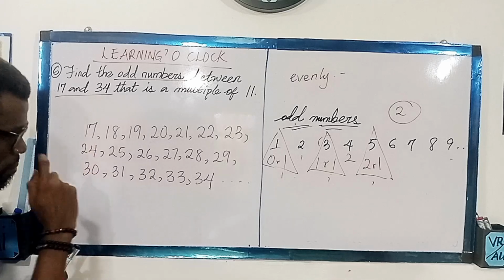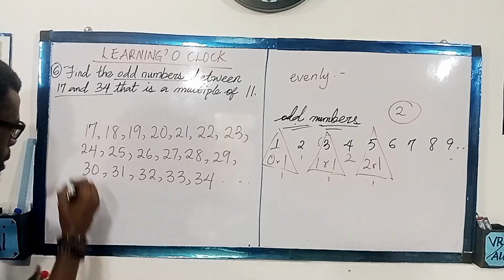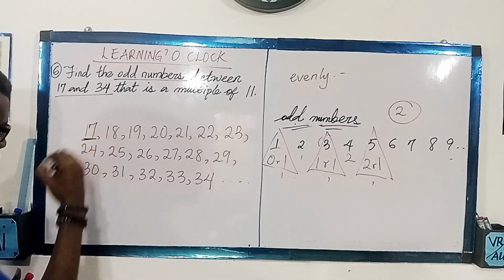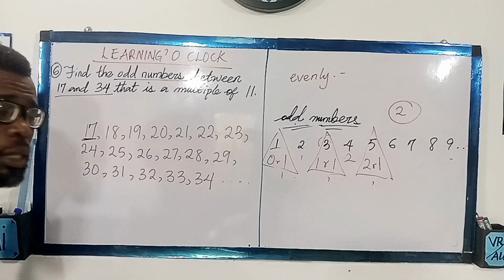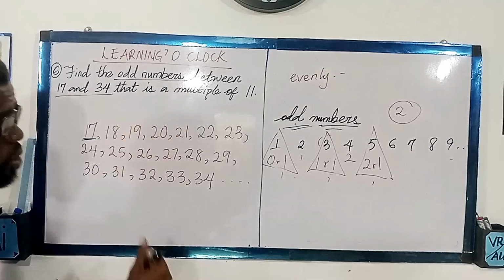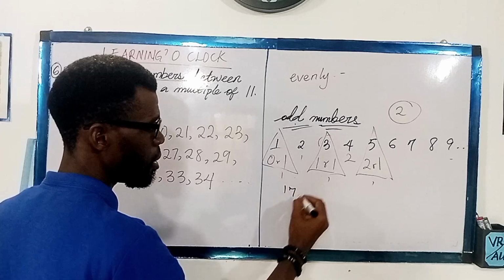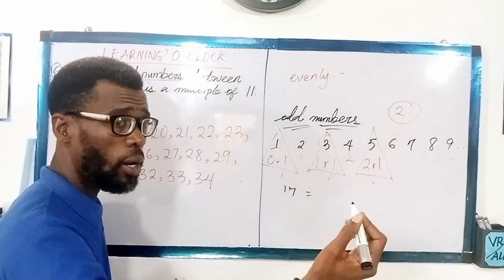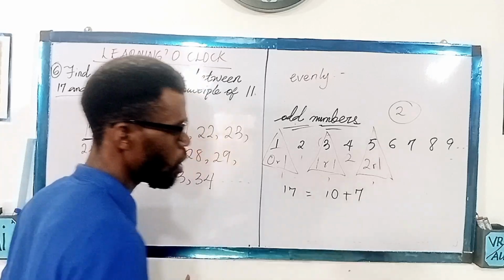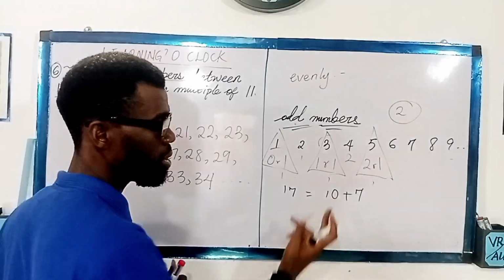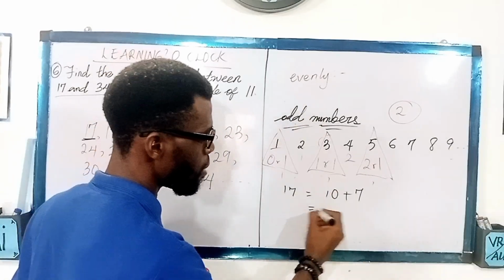So 17, I'm using my black now. We're trying 17 divided by 2. So you have 17 split into tens and units. You have 10. So 10 divided by 2, you have 5.